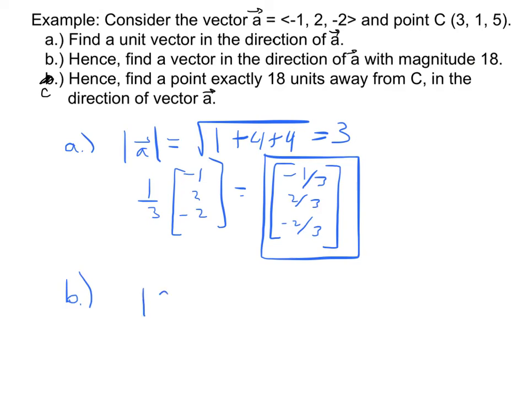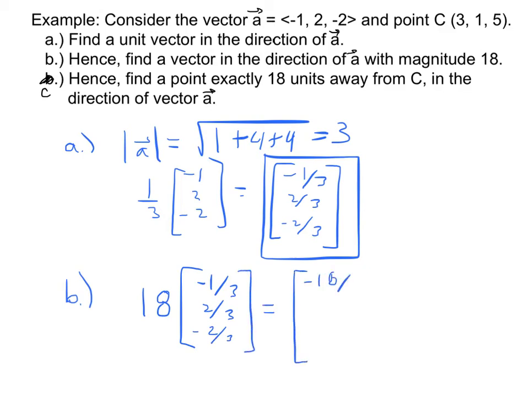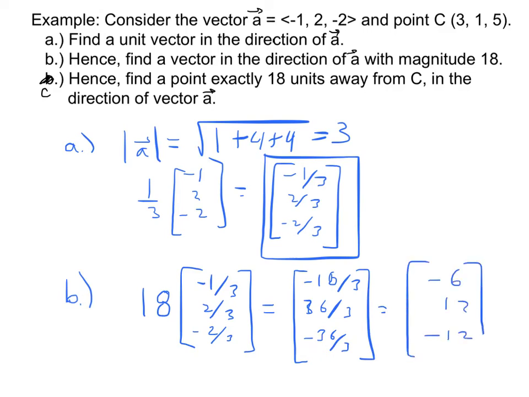So if I just multiply my unit vector by 18, I would take it from being a 1 unit long vector into being an 18 unit long vector. If I distribute that 18 in, I'll get -18/3, 36/3, and -36/3. And that simplifies down to -6, 12, -12. This is now a vector that has the same direction as both of these, but has a magnitude of 18 because it's 18 times longer than the 1 unit long vector.